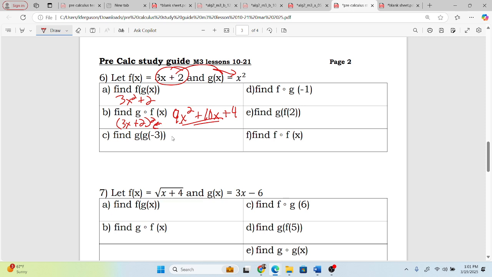All right. So what about g of g of -3? So all I do is nest or put the inner function as g and then I put the outer function as g. So that's going to be x squared and then another x squared, or x to the fourth power.